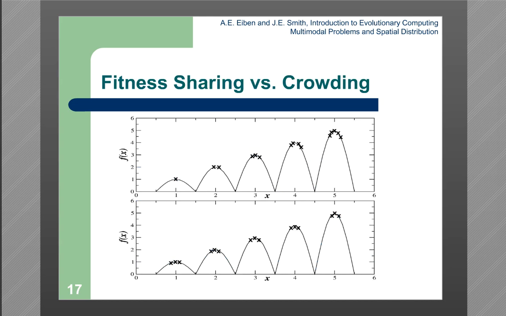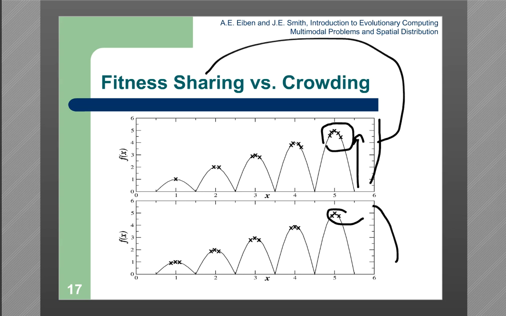We have two shapes in this page. One is fitness sharing, where we have more population at the greater fitness, and the second is crowding.